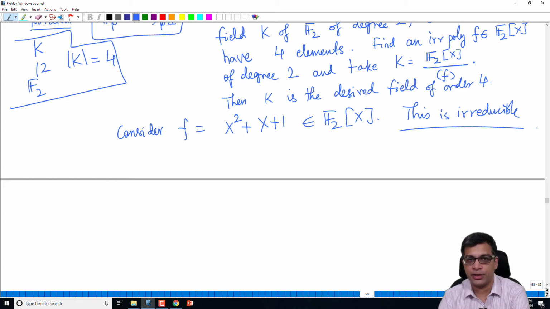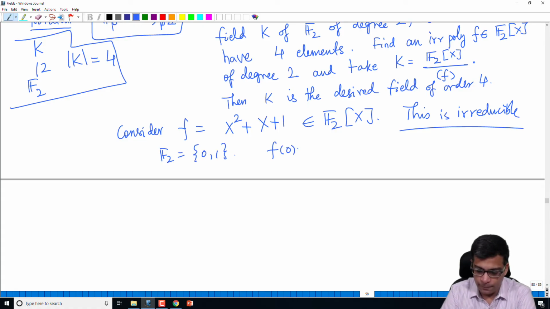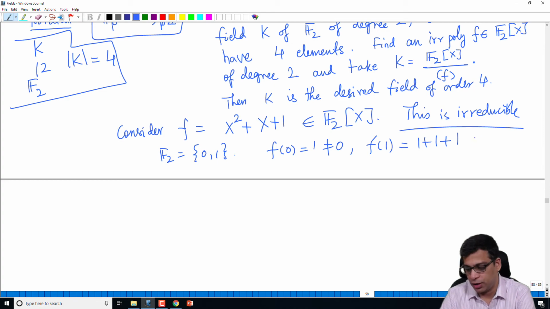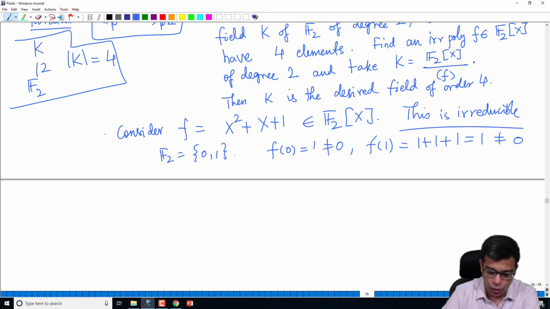All we need to check is that it has no roots, because if it is reducible, then because it's degree 2, the factors have to be linear, and a linear factor corresponds to a root. So does it have a root or not? There are only two elements, right? F_2 has two elements. We call them 0 and 1. So f of 0 is 1, which is not 0, and f of 1 is 1 plus 1 plus 1. What is 1 plus 1 plus 1 in F_2? That's also 1, right? Because that's 3, which is 1. So f has no root, so it's irreducible.